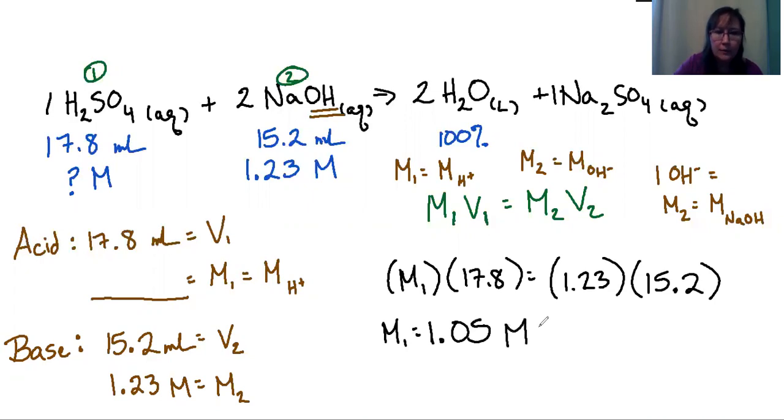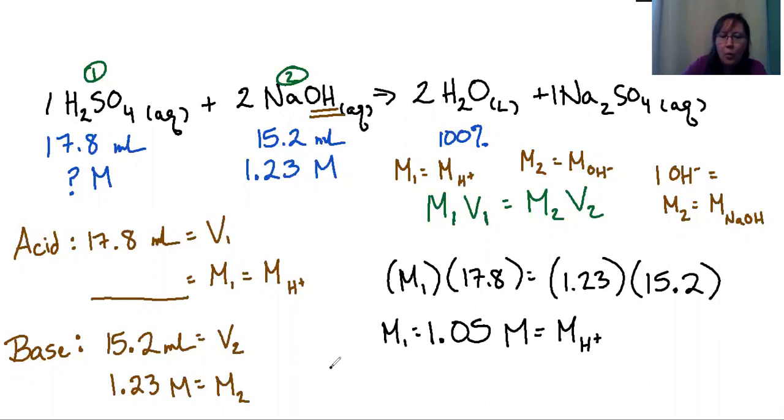And that tells me that my M1 value is 1.05 molar. Okay, so if we had a monoprotic acid, an acid like HCl that only has one H plus in it, then our M1 is going to equal the molarity of our acid. But remember, this is the molarity of H plus ions. So let me show you how this would work.